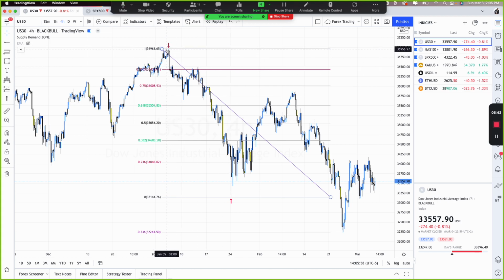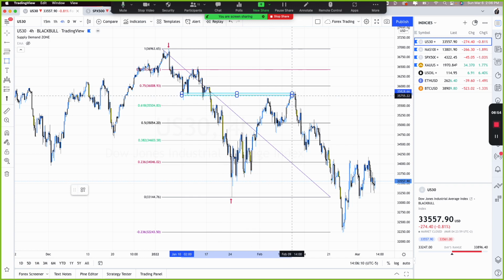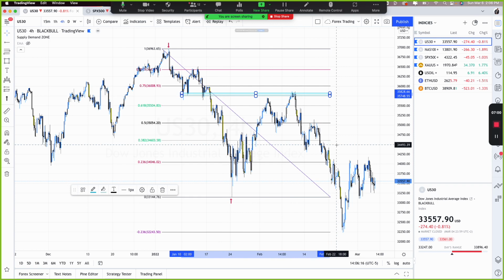From this high to this low, watch how high the market swings. It swung to just before 75%. If you've been on any of my sessions, I always say, look for pullbacks from 0.5 to 0.75 based on the fibs.